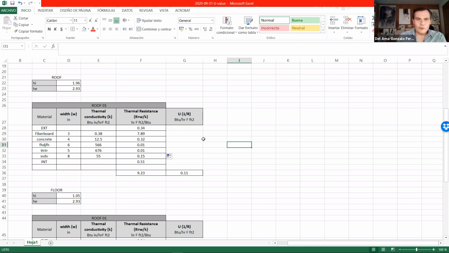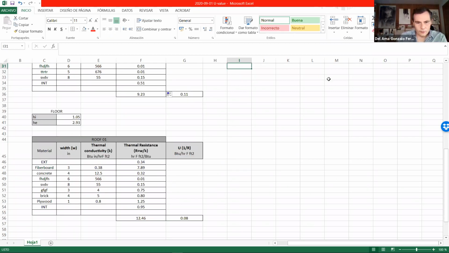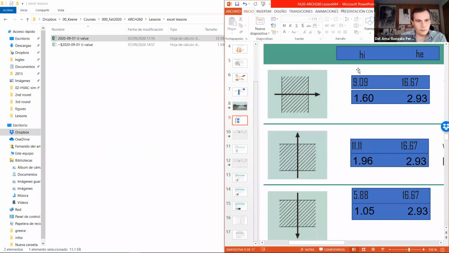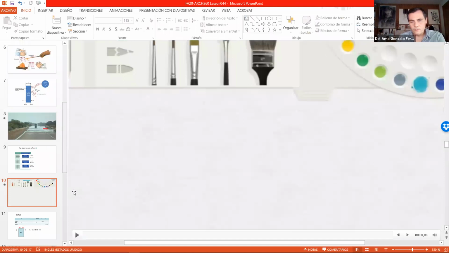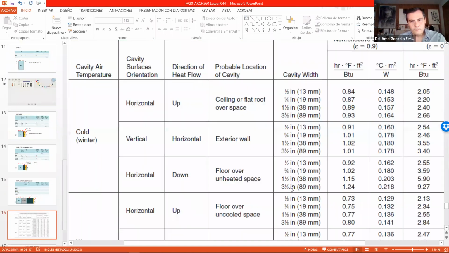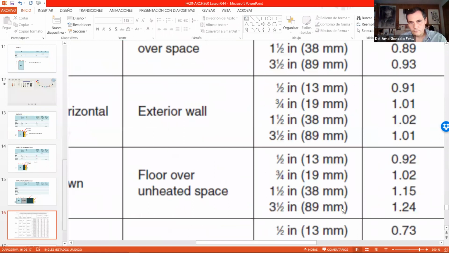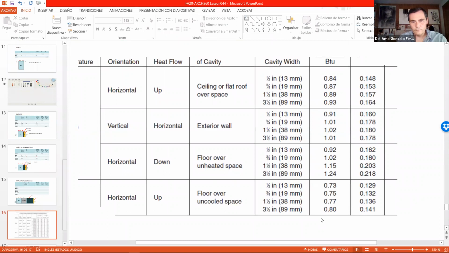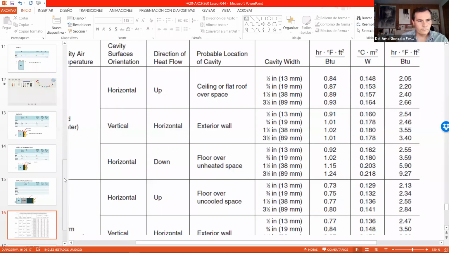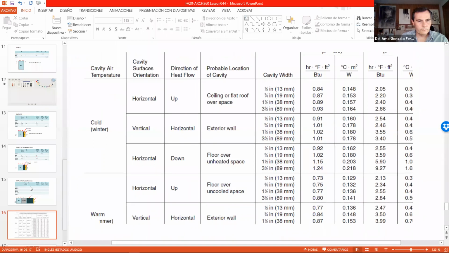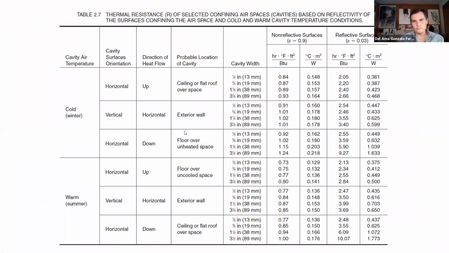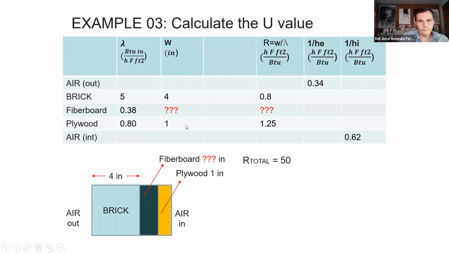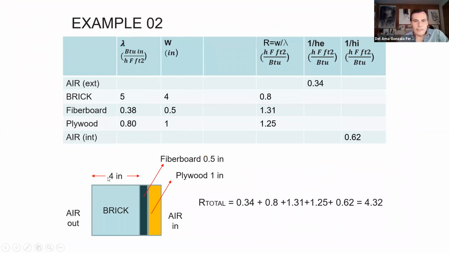Okay, so what are we going to do now? This is the example, the last example that I showed you.